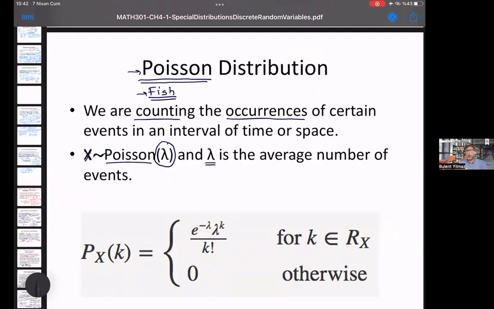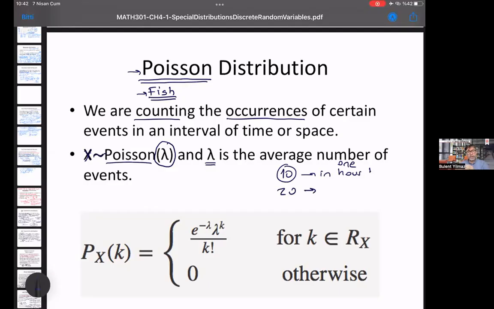For example, normally I know that, let's say, 10 people enter the shop in Kayseri Forum in 1 hour. But I'm trying to find out what's the probability of obtaining 3 people in this 1 hour interval.